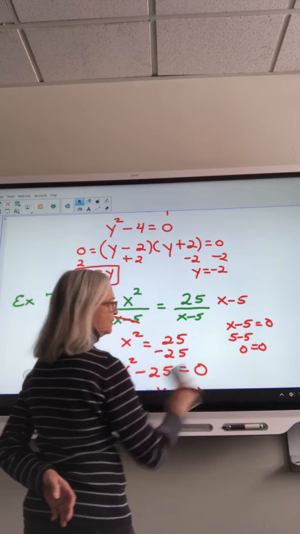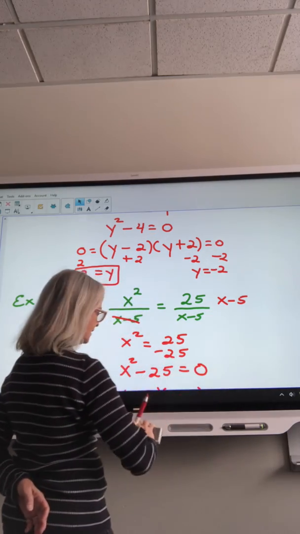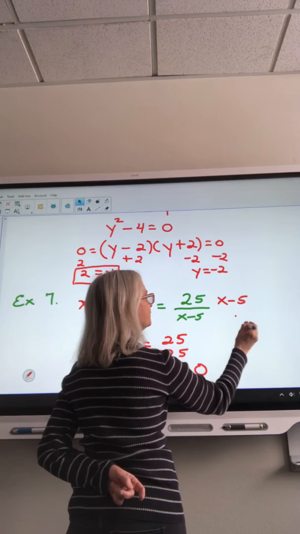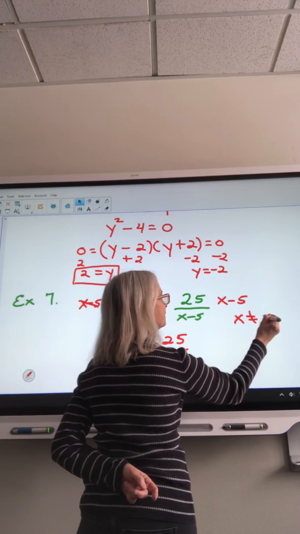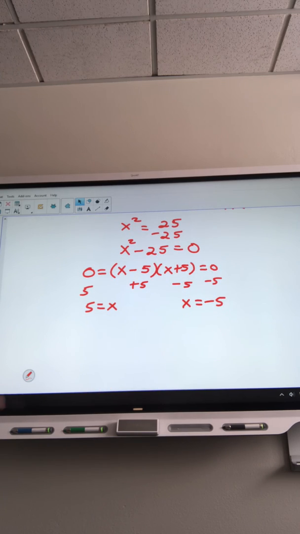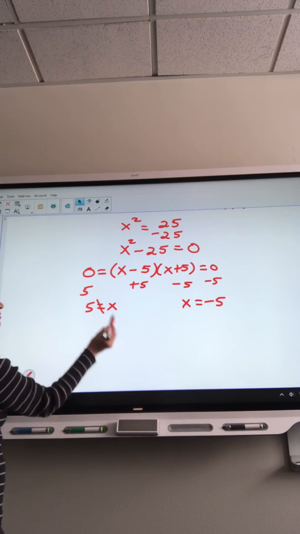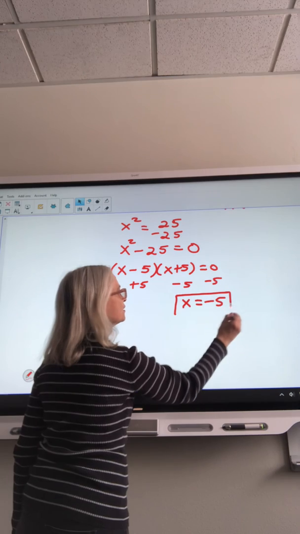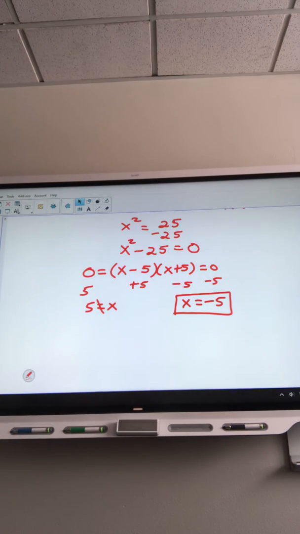And so x cannot equal a positive 5. So since x cannot equal a positive 5, this is not going to be a solution, but this will be our solution. X is equal to a negative 5. Okay. All right, let's look onward.